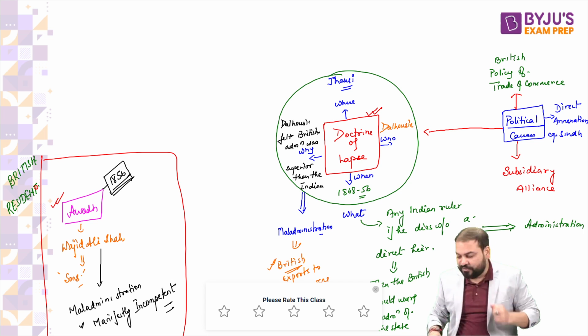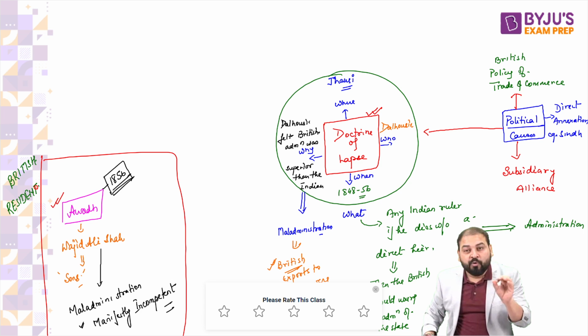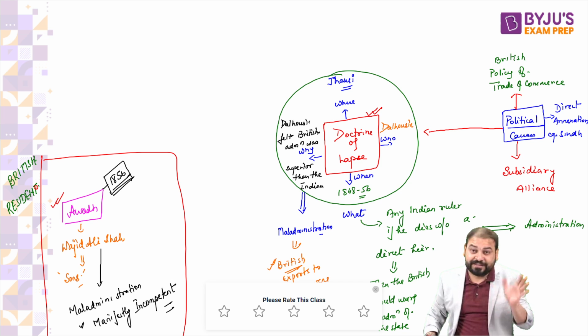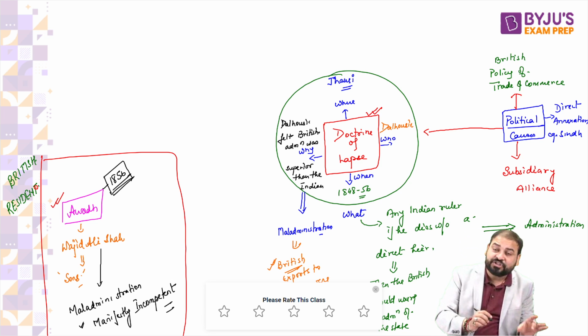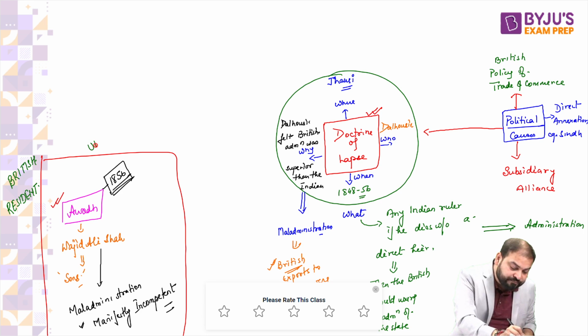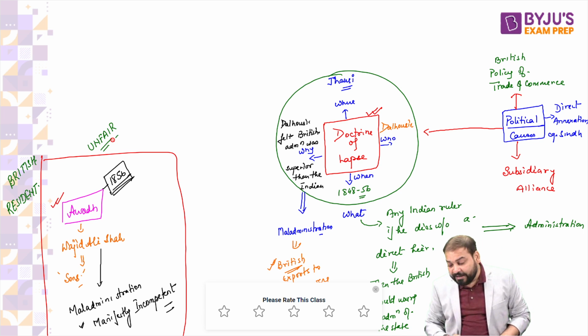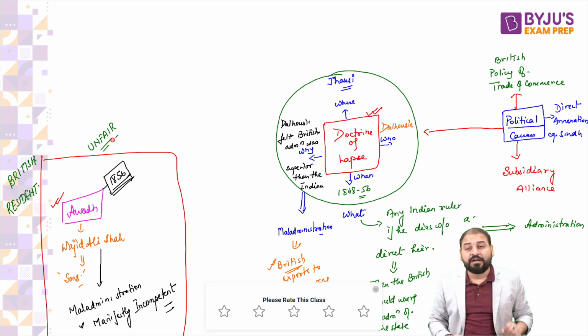So let me tell you guys, even most British historians said that the annexation of Awadh was unfair. Why was this unfair?